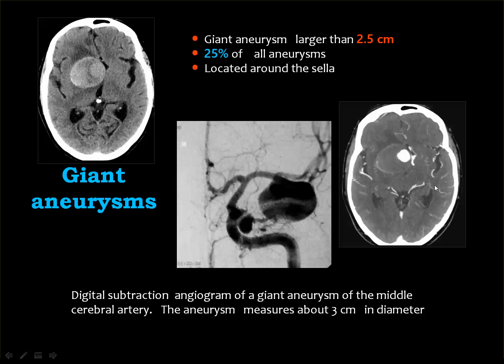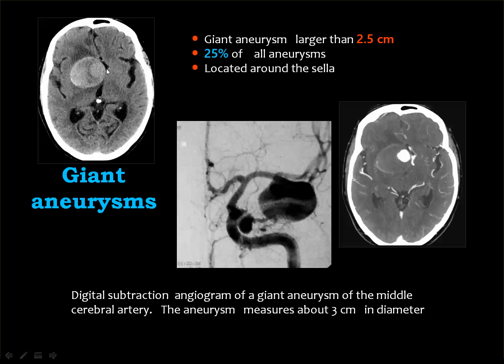Then giant aneurysm is that aneurysm above 2.5 centimeter, and it represents about 25% of all aneurysms. And this aneurysm is liable to internal thrombosis and is liable to rupture. And also because of the size, it can produce symptoms.